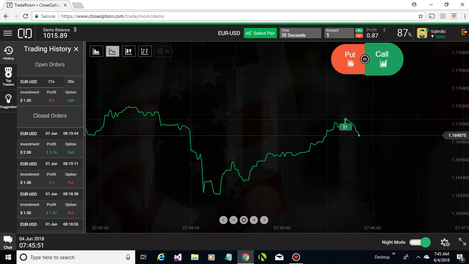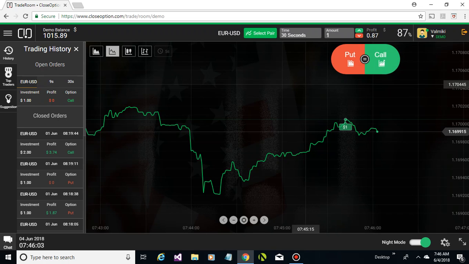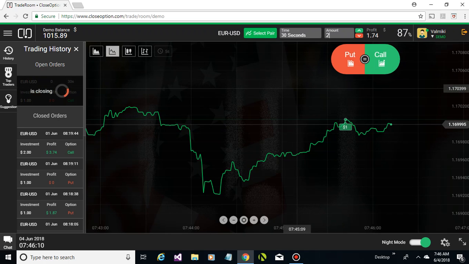But unfortunately, it is going down. But it could just, in a snap of a millisecond, come back up above that call level. So we'll wait to place our next trade, assuming it's going to be a loss, and keep our finger ready.